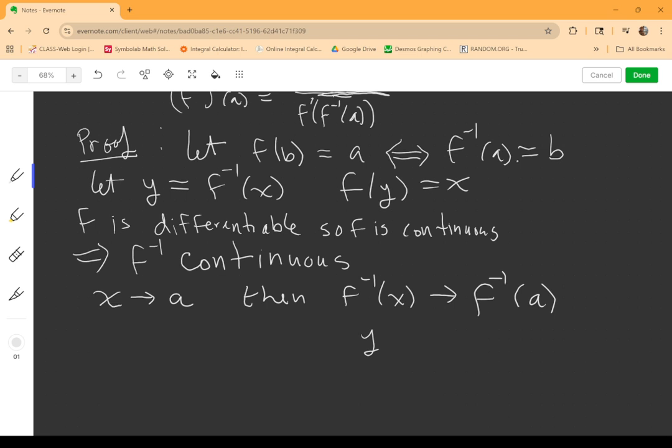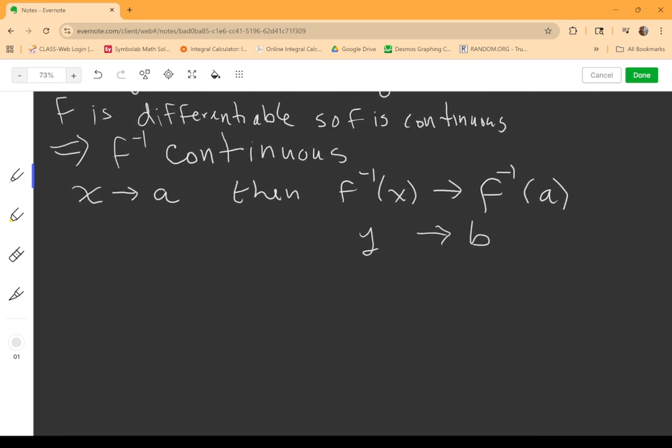Oh, excuse me, f inverse of a to be equal to b, and f inverse of x to be y as y approaches b. Okay, so now as we've got the notation here, let me set up my limit. We want to use the limit definition of the derivative to prove that this converges to the value that we have up here.